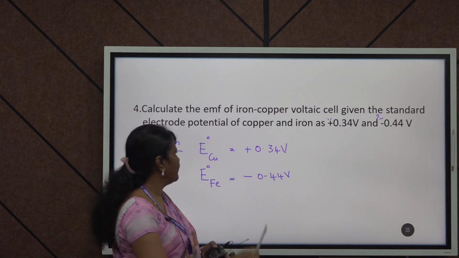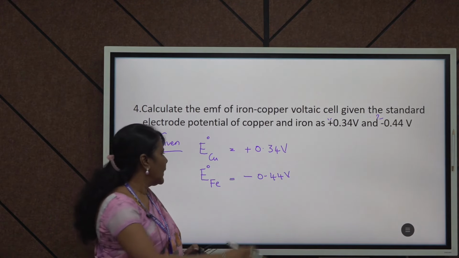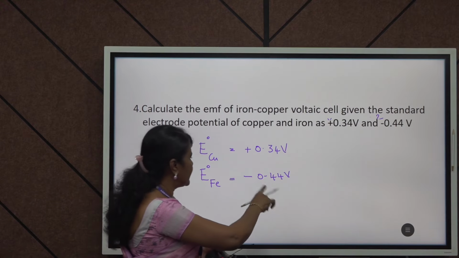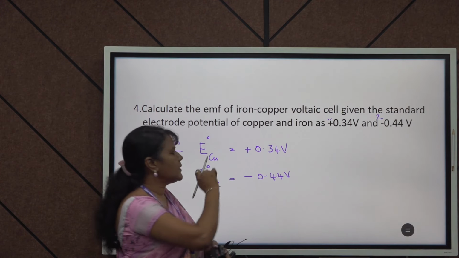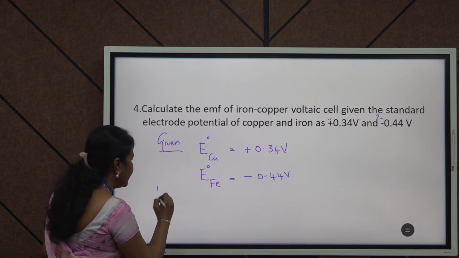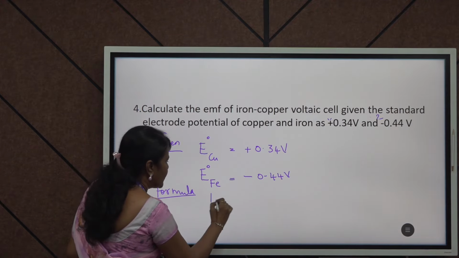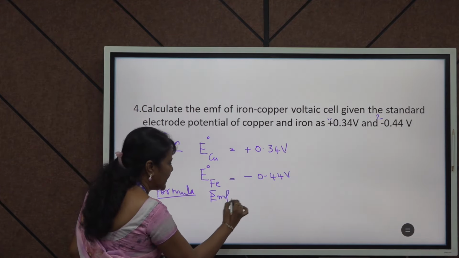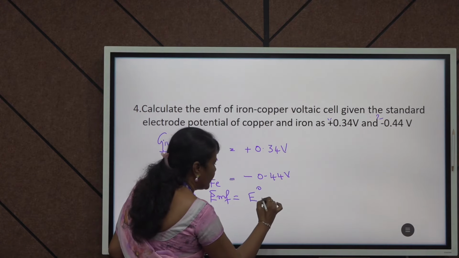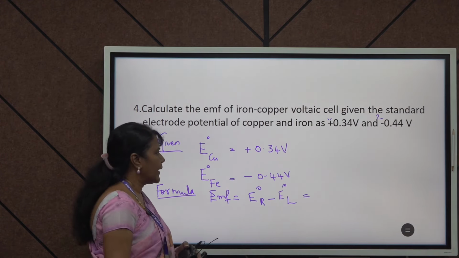From the signs we can understand which will be the anode and which will be the cathode. Here iron will act as the anode and copper will act as the cathode. Now to find the EMF of this cell, this problem is similar to the previous one. EMF of the cell, E cell, is equal to E naught right minus E naught left, in other words the right will be the cathode.